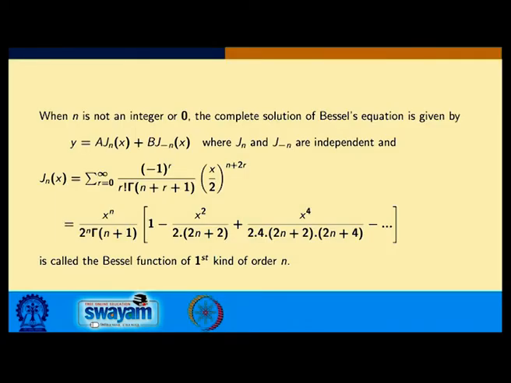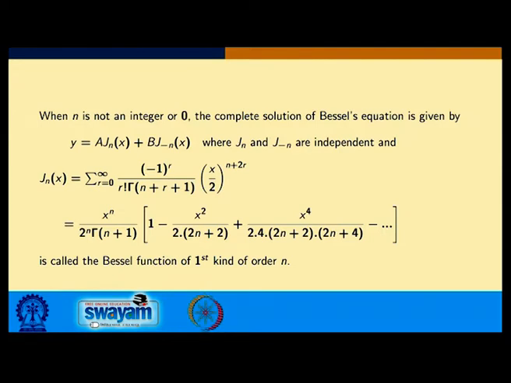Now, when n is not an integer or 0, we write the complete solution as a J_n(x) plus b J_minus n(x), where J_n and J_minus n are totally independent. Please note this. J_n(x) is defined this way: J_n(x) equals the sum from r equals 0 to infinity of (minus 1) to the power r over factorial r gamma(n plus r plus 1) into (x by 2) to the power (n plus 2r).